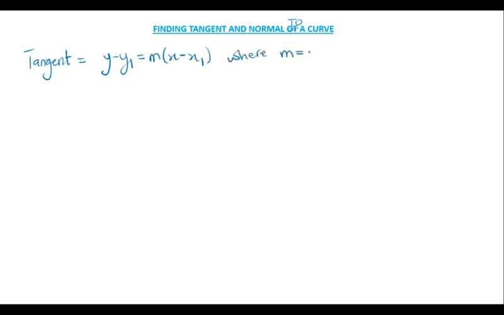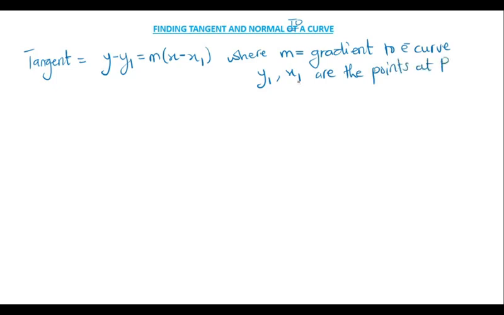our m is the gradient to the curve. And our y1 and x1 are the coordinates at point P, where the tangent touches the curve.